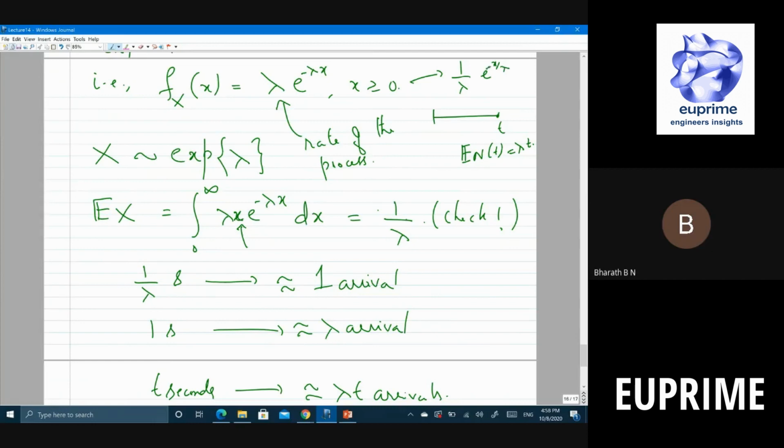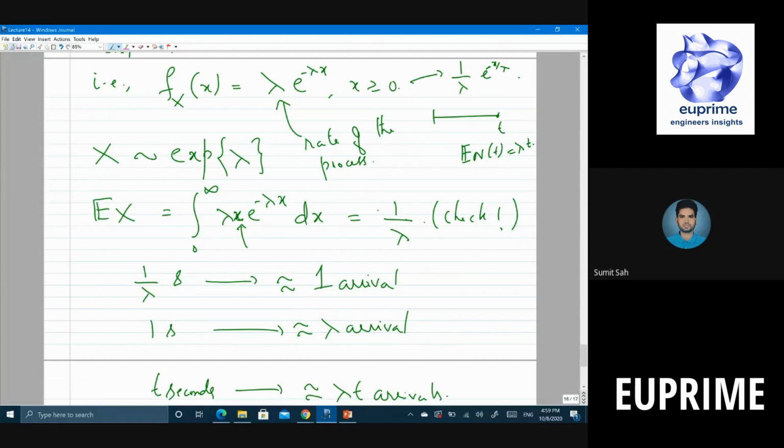Some people write it like this also. We will stick to lambda e power minus lambda x. It's easy. Any questions so far? Because this is a very nice stochastic process to study.